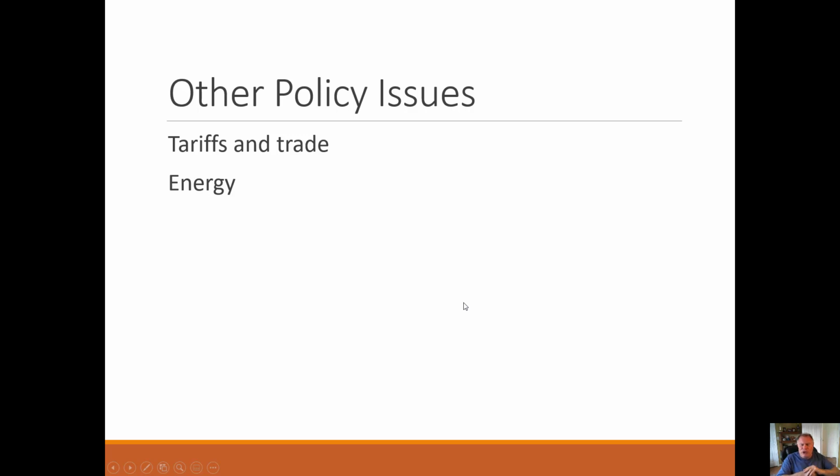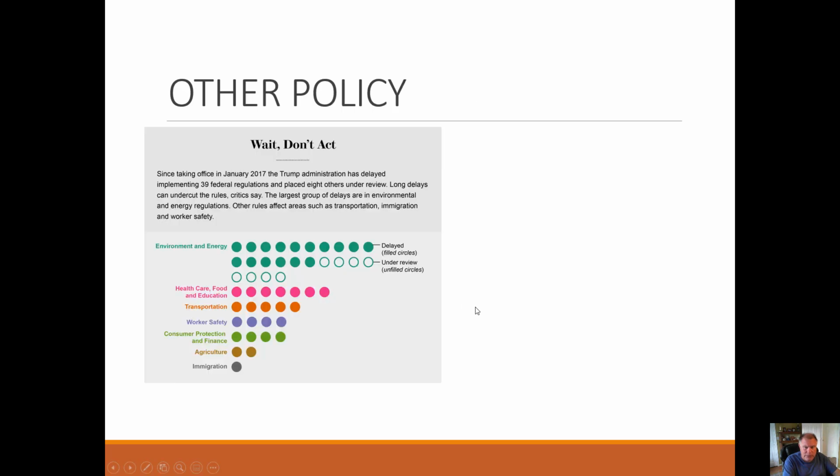There's other policy issues that we could take time on, tariffs and trade, energy. There's a lot of regulatory policy, primarily in the area of environmental, workplace safety, and the long-term impact of these.